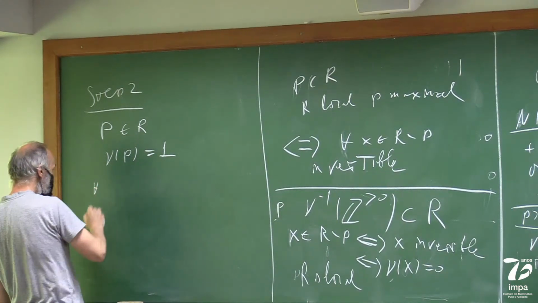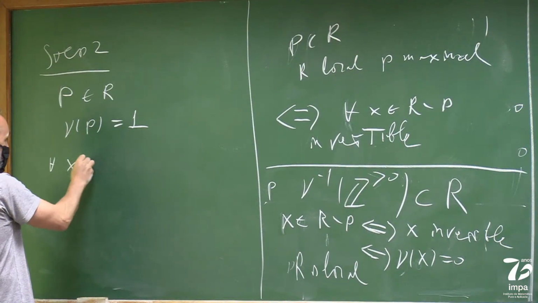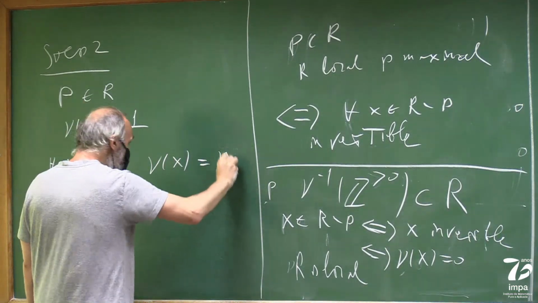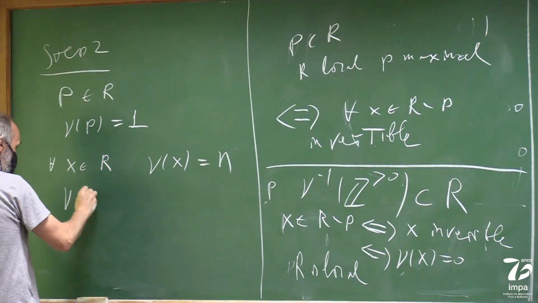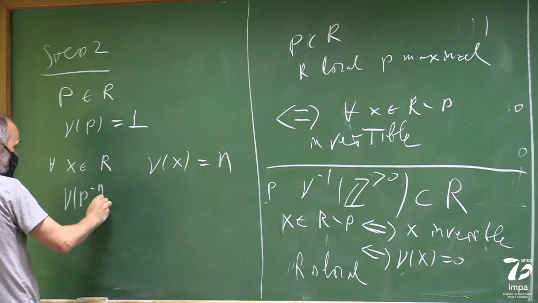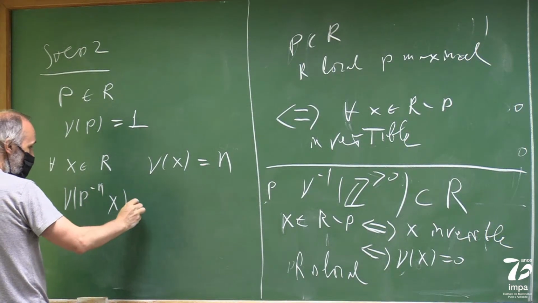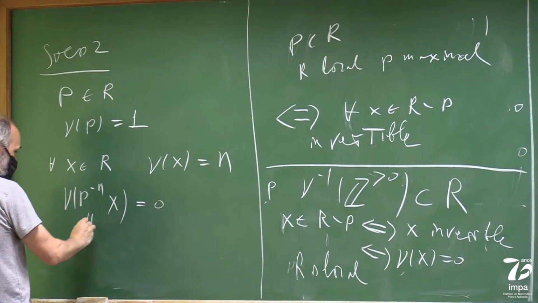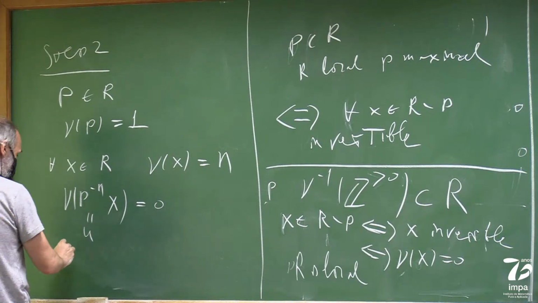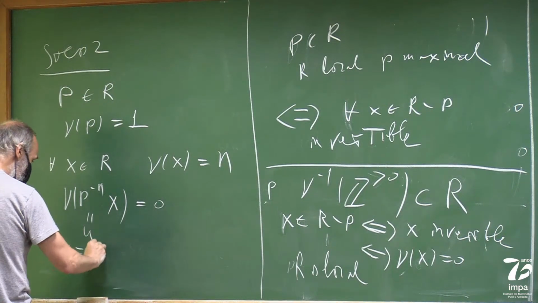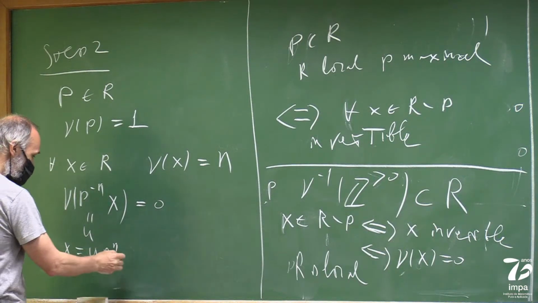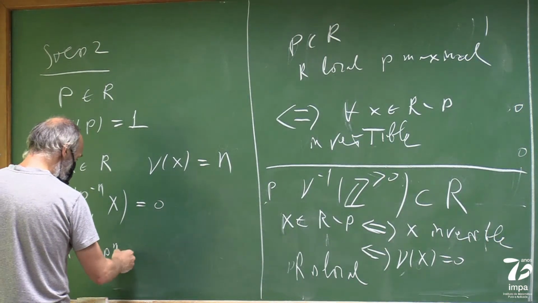Then for each x in R such that nu of x is n, nu of p to the minus n times x is 0. So let's call this u. This is an invertible element, and x is u times p to the n.